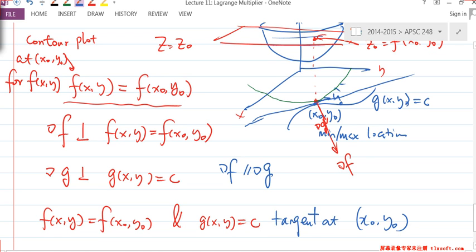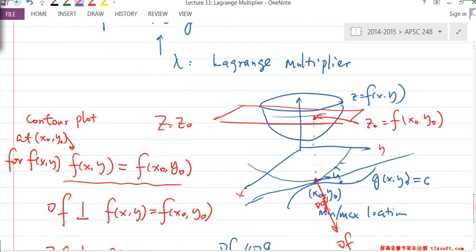Because at other locations, you have another contour plot, so all you can say is probably the two contour plots will intersect each other, or maybe not even touch each other. But a special case is, if it's the min and max, they will be tangent to each other.